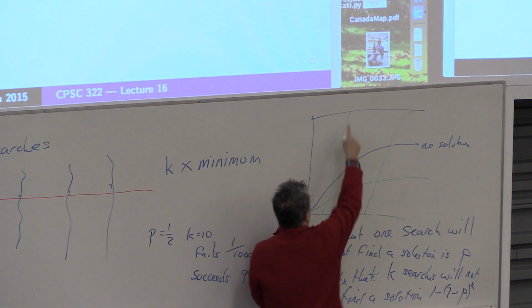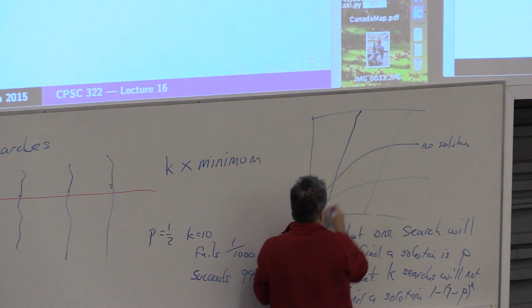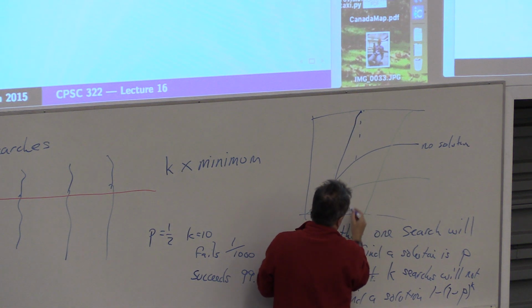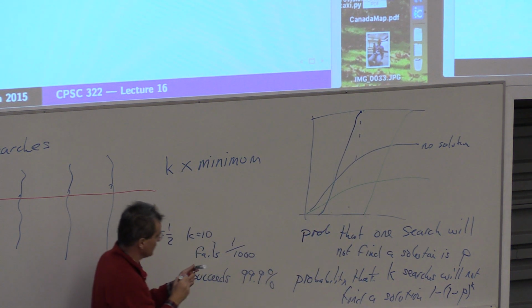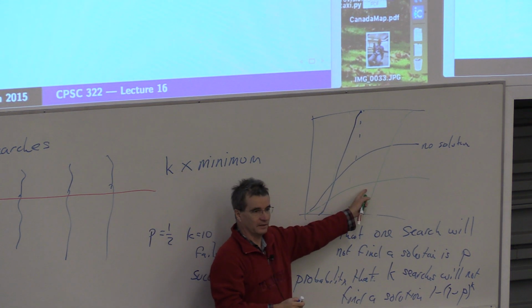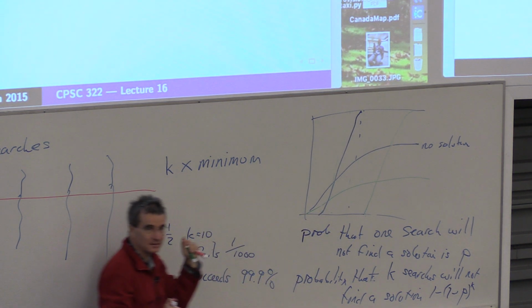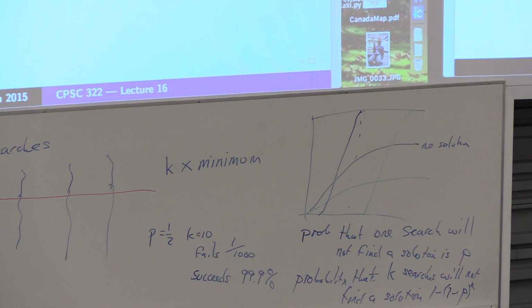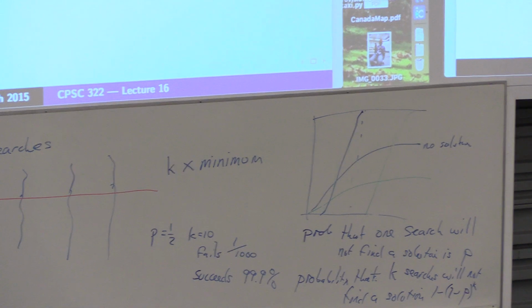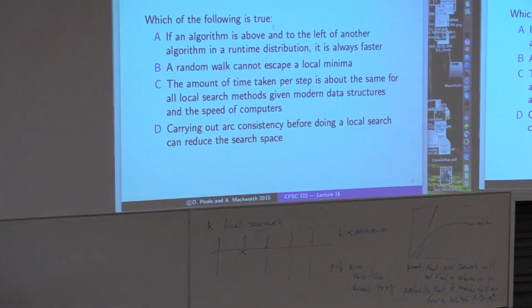If it's like this, if this is to the left of this, then this blue line is always faster than this one. Right? Does that make sense? Okay, any questions about that? Okay.